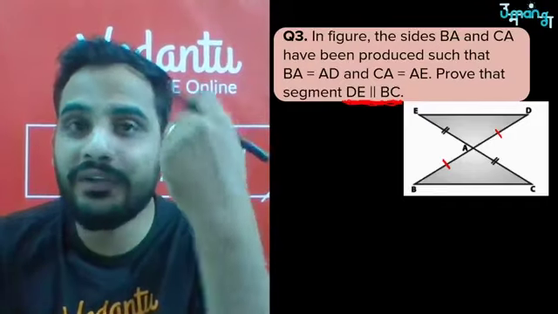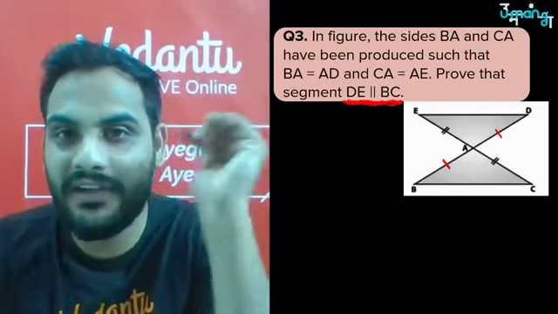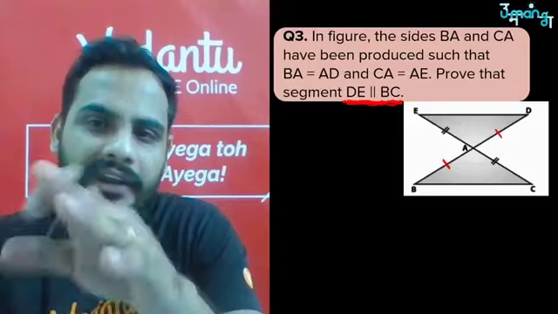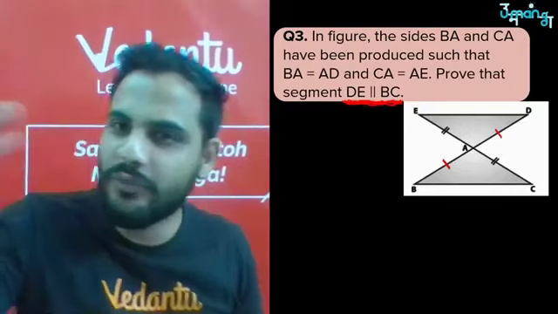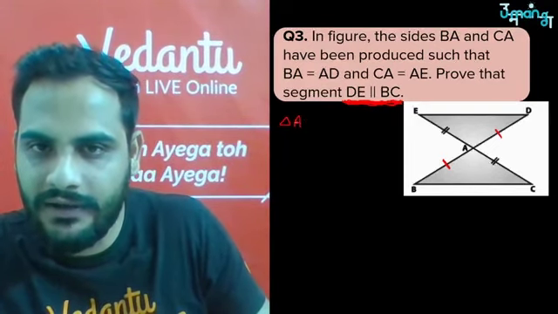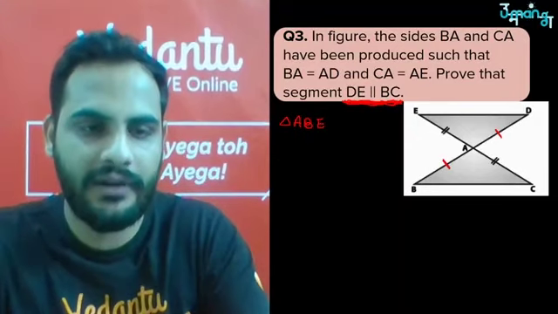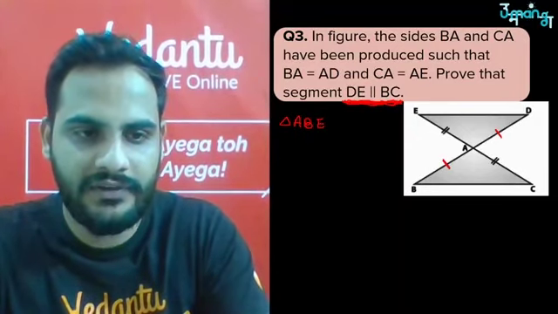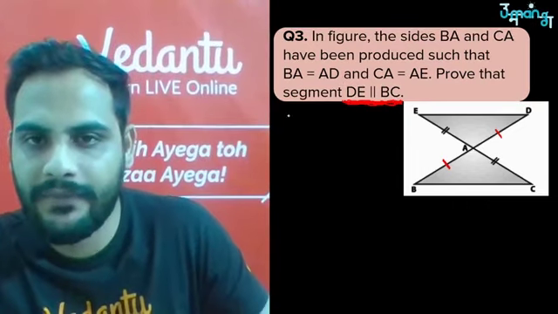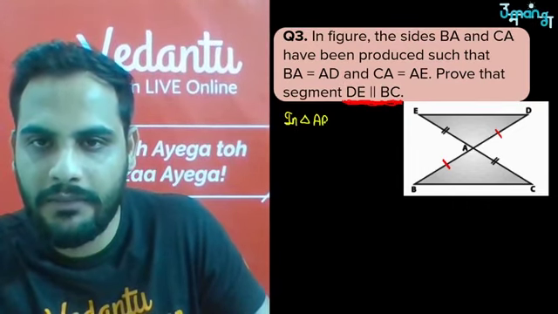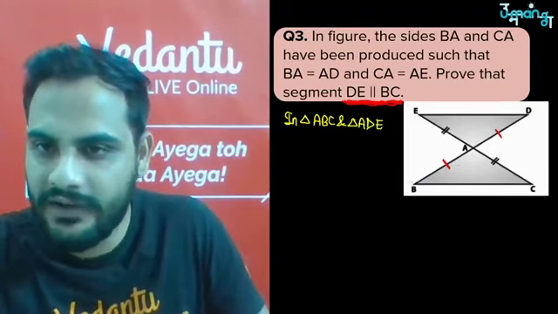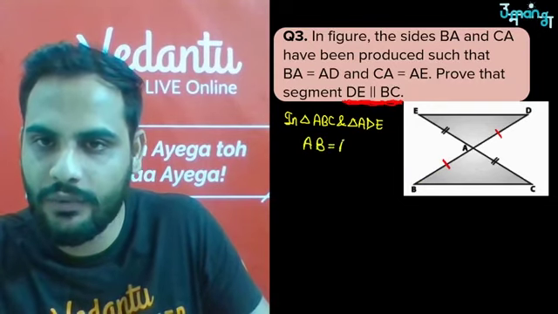Now see, for parallel, in congruency you can say sides are equal. But how to talk about parallel? First thing is, it feels to me that they both will be congruent triangles. So if it feels so, let us prove them congruent. So I can say, in triangle ABC and triangle ADE, I know first that AB is equal to AD.